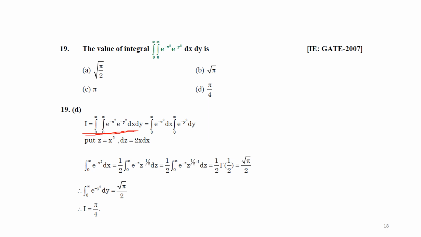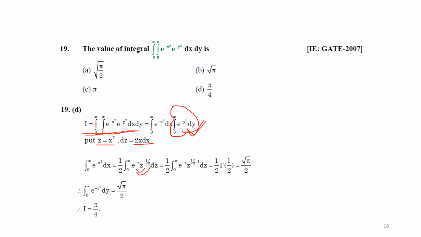Let's integrate with respect to y. You can start with x also, no problem. So putting z equal to x squared, dz is equal to 2x dx. Just put these things here, so you will get this.